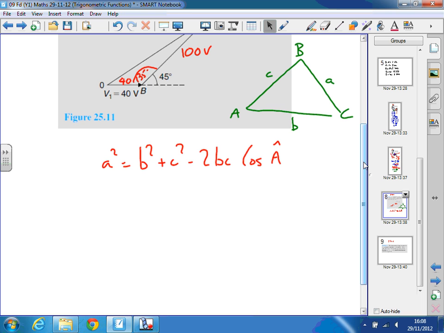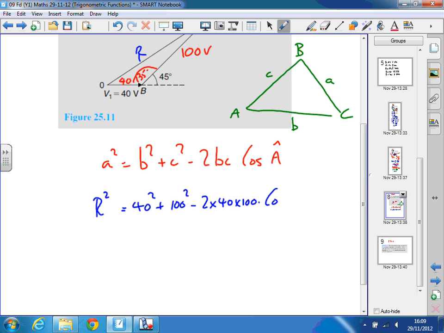The side we're after, in this case this side, r squared equals, it turns out to be just the other two sides, it doesn't matter which one we call which, the other two sides squared and added together, minus 2 times the other two sides, times the cosine of the angle opposite r, which is what we're after. So we just plug in the numbers. It's 40 squared plus 100 squared minus 2 times 40 times 100 times the cosine of 135 degrees.